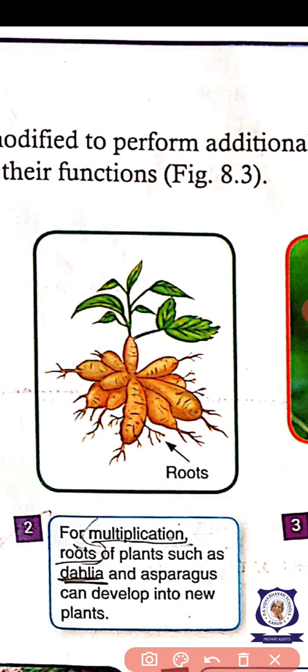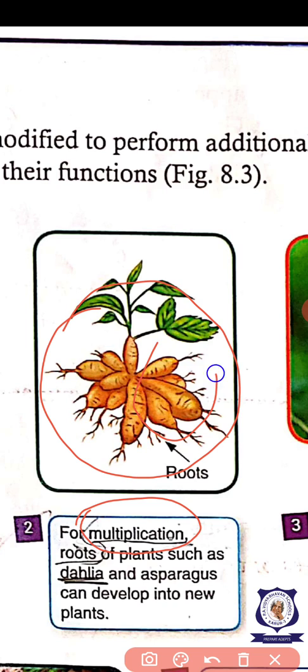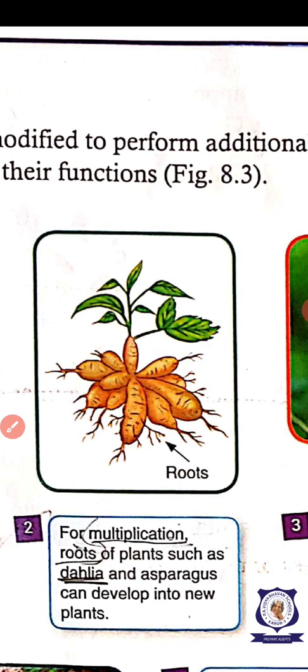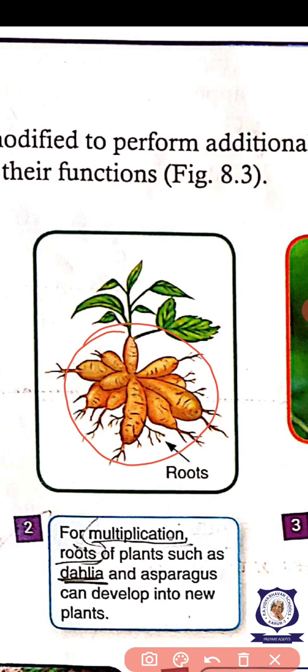And in some of the plants, roots do multiplication. What is meant by multiplication? Multiplication means reproduction. This swollen root part alone we can cut and keep in the soil, and then this itself gives out the plant. So it is used for multiplication. Example, dahlia.